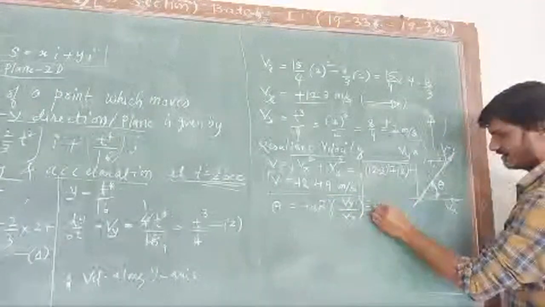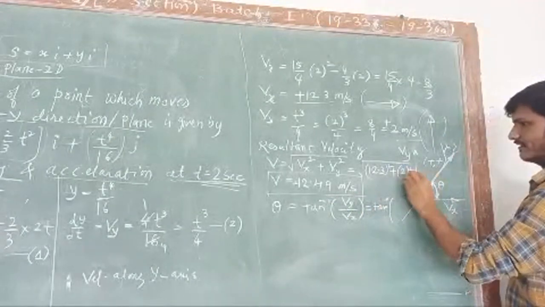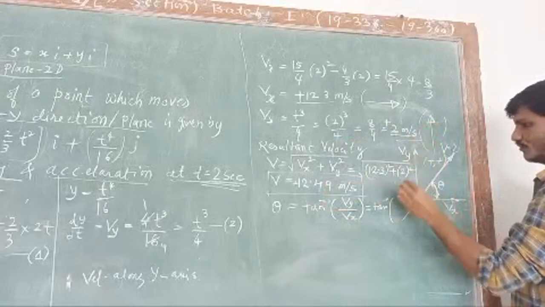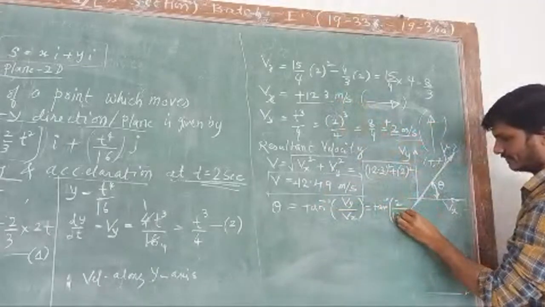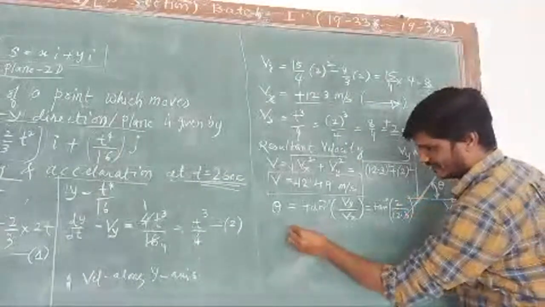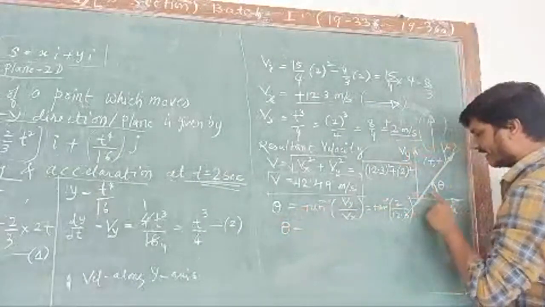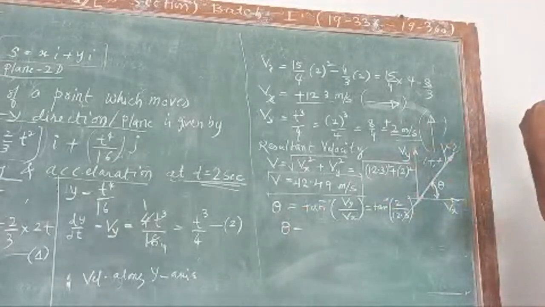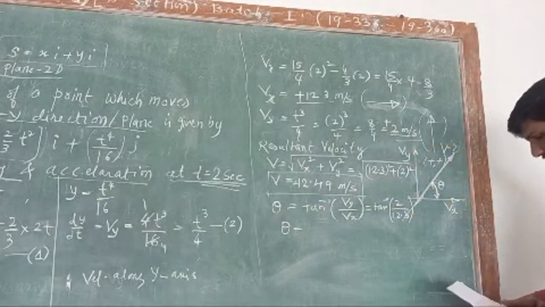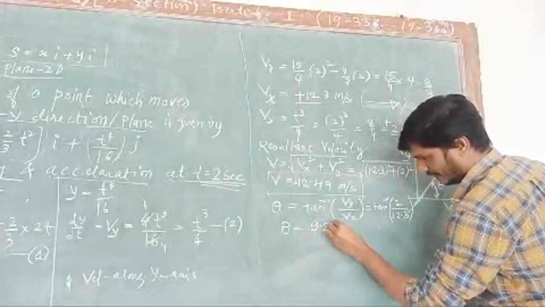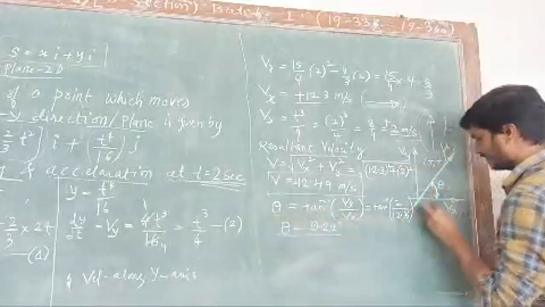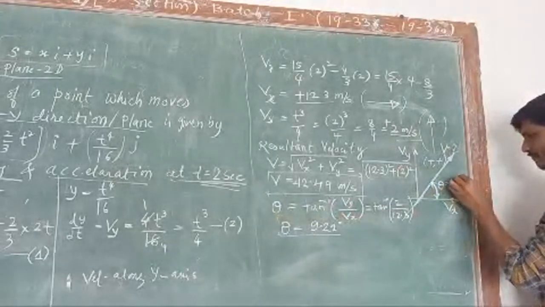So tan inverse of Vy, which is 2, divided by Vx, that is 12.3. When you calculate this, you will get the angle made by the resultant velocity. That theta I obtained is 9.21 degree.